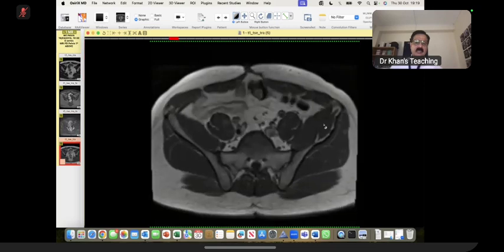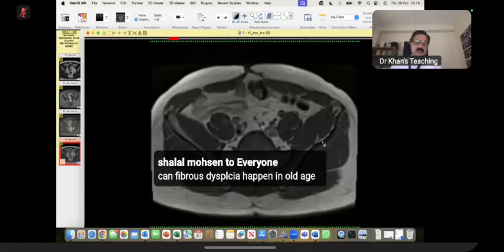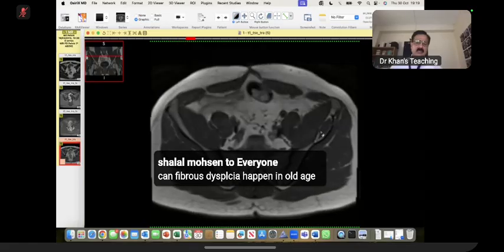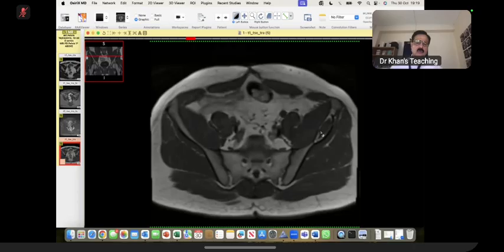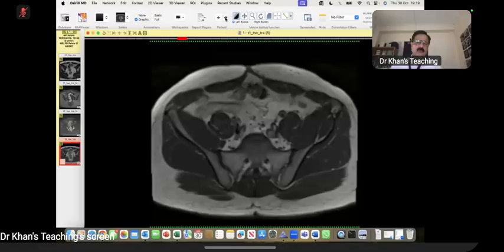Here, if you look carefully at a T1 weighted sequence, look at the signal of the margin, and the margin is sort of more intense. So it is a benign lesion, very well defined.